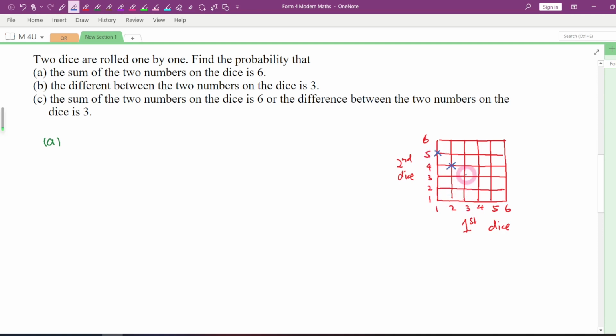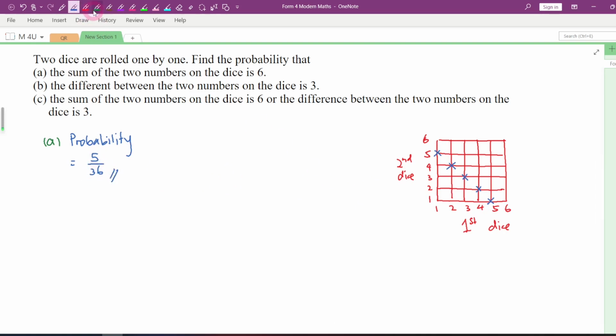And 3 pairs with 3, 4 pairs with 2, 5 pairs with 1. So 6, we cannot pair with 0 because a dice does not have a 0. Dice only has 1 until 6, right? Okay, so the probability will be 1, 2, 3, 4, 5, 5 over 36.